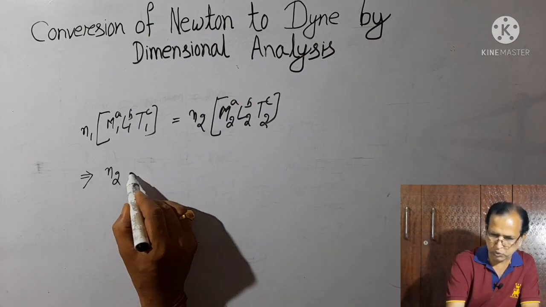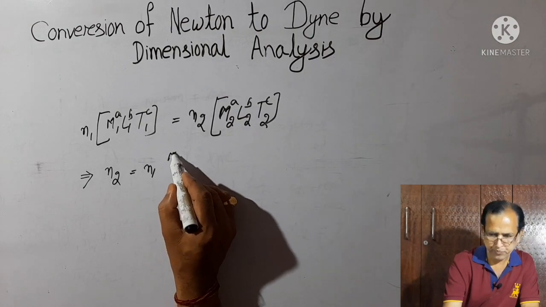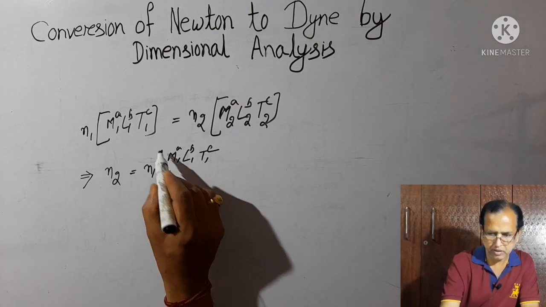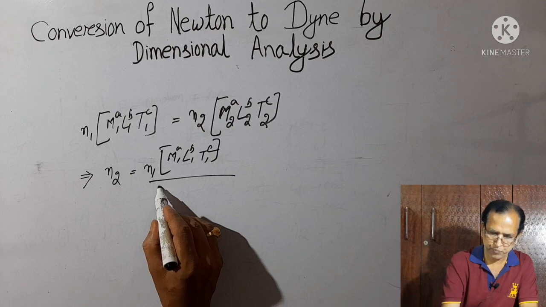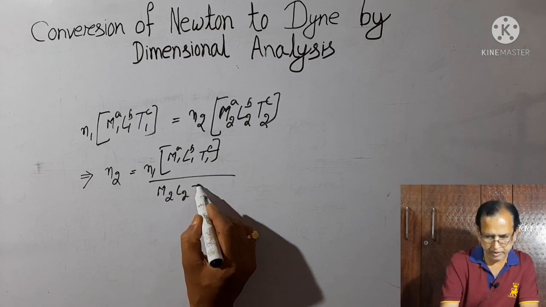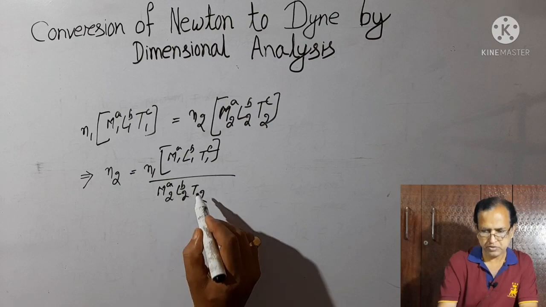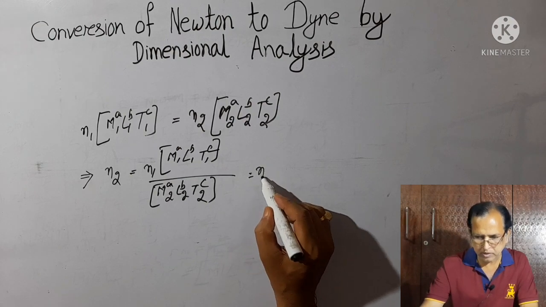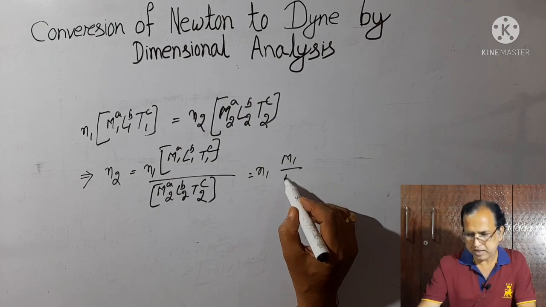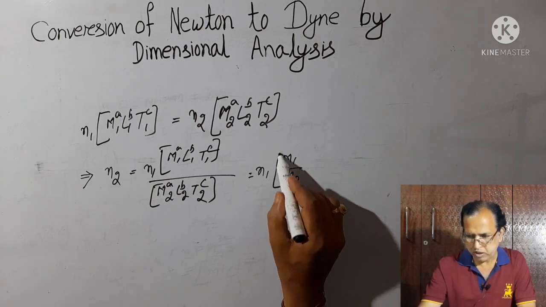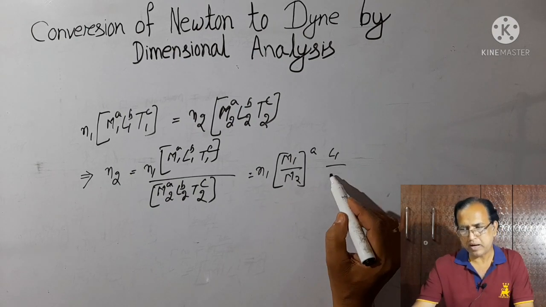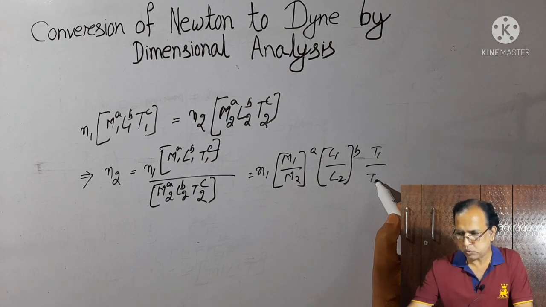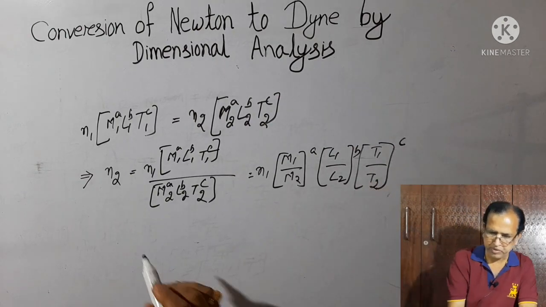So N2 is equal to N1 into M1 by M2 to the power a, L1 by L2 to the power b, T1 by T2 to the power c.